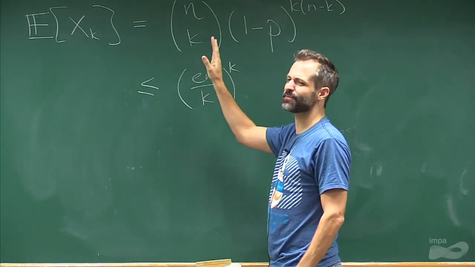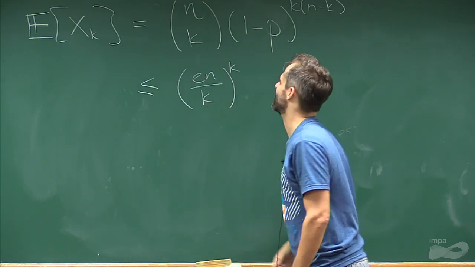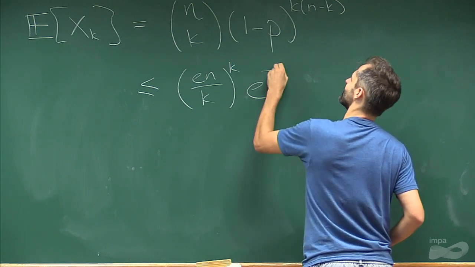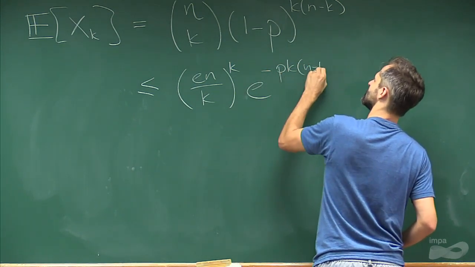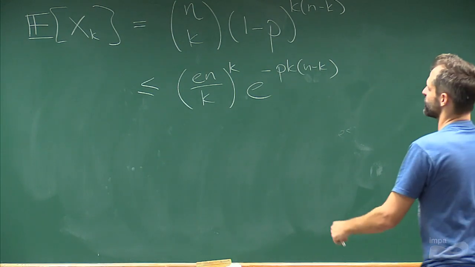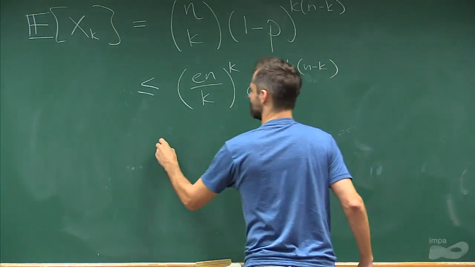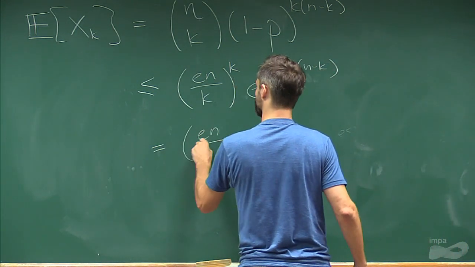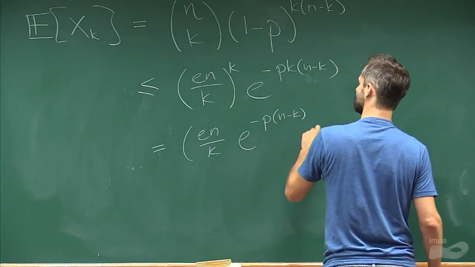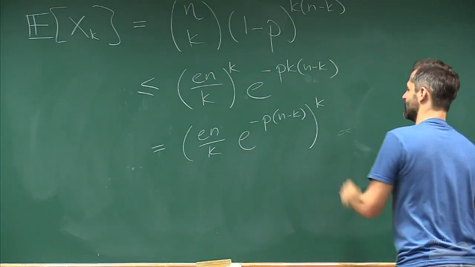But here our k can be pretty big, so maybe we want this k to the k. And this guy's at most e to the minus p times (n minus k). Right. We'd like that to be small. So first thing to observe is there's a factor of k in common. It equals (en over k) times e to the minus p(n minus k), all to the k.